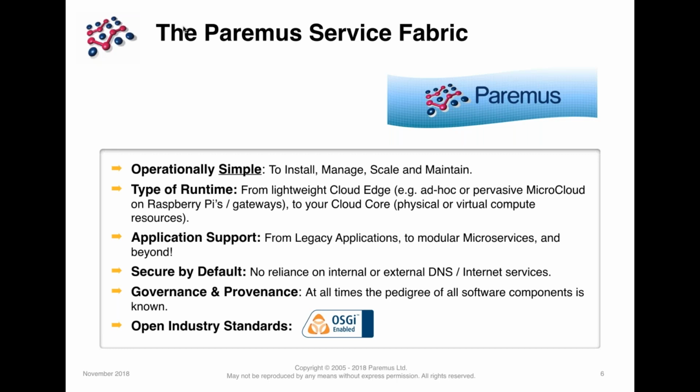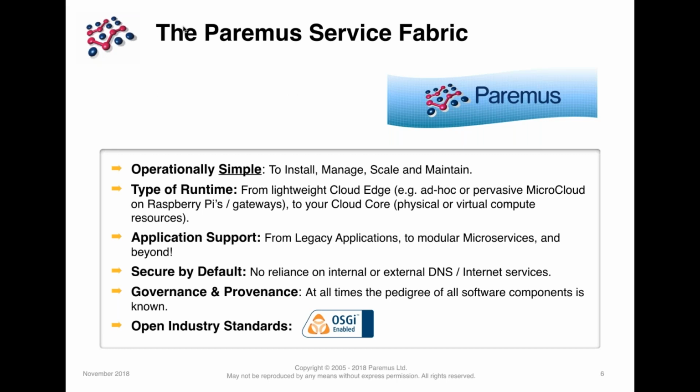The Fabric can support traditional applications, modular microservices, or other types of application which are far more modular and far more adaptive. Secure by default, by that we mean there's no reliance on external or internal DNS.